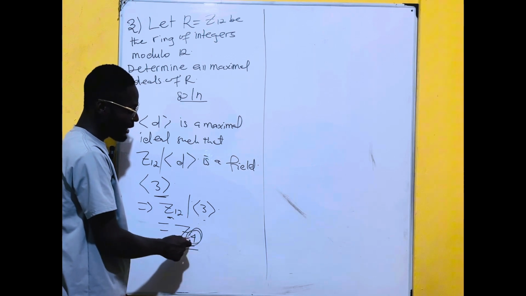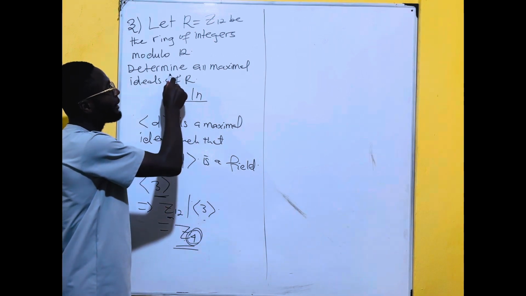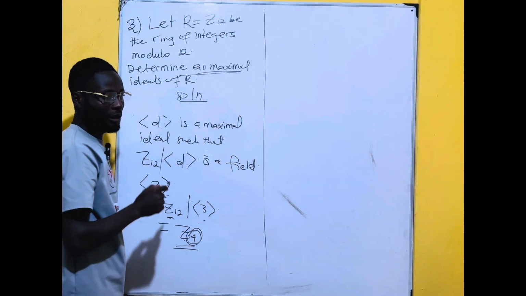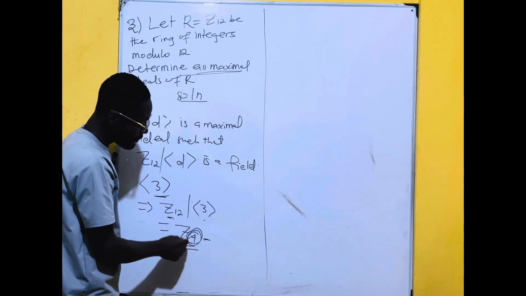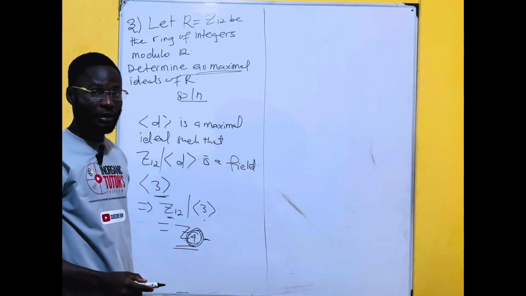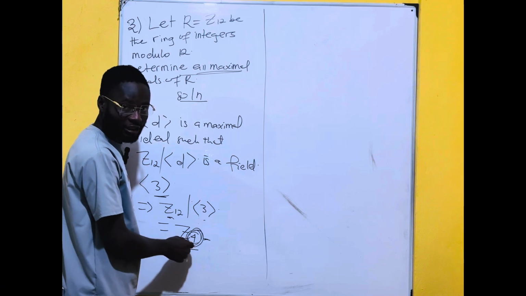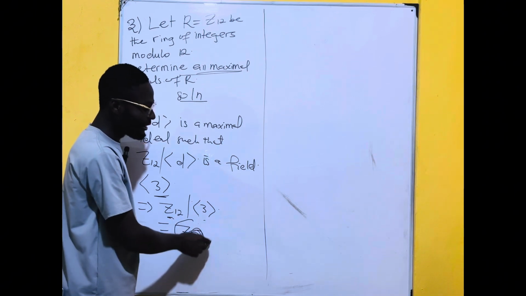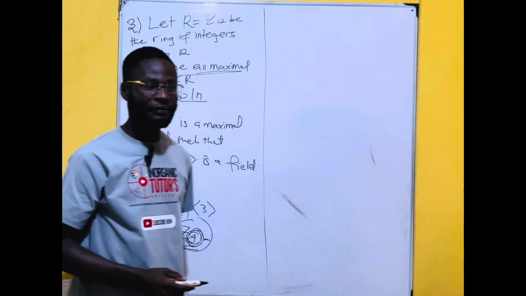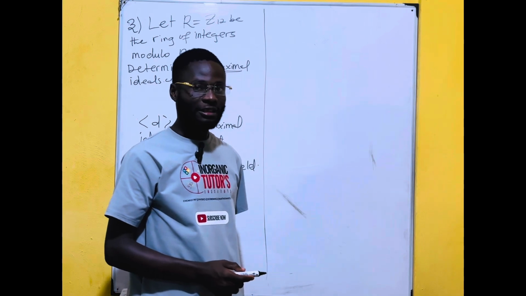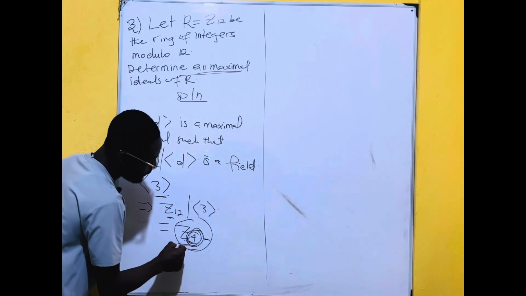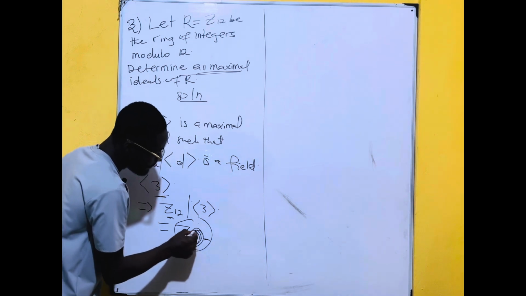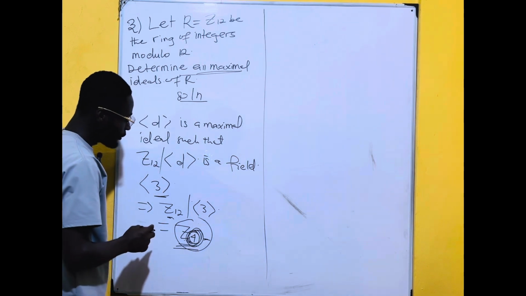Modulo 4 is not a field, so (3) is not a maximal ideal. This is not a field because 4 is not a prime. Because it is not a prime, it does not qualify to become a field.